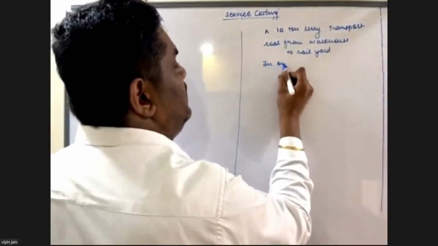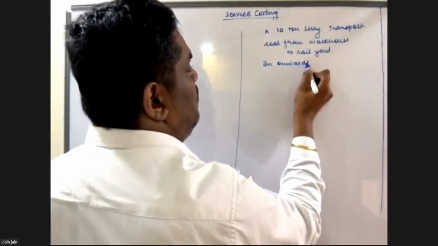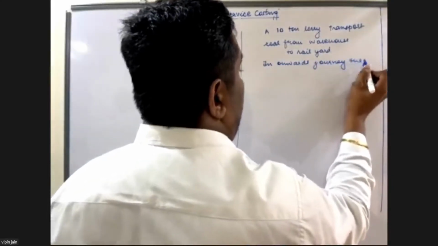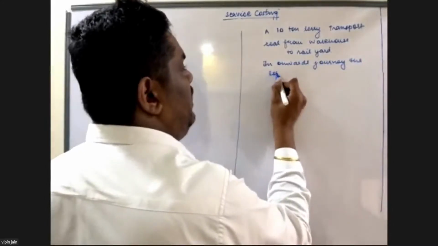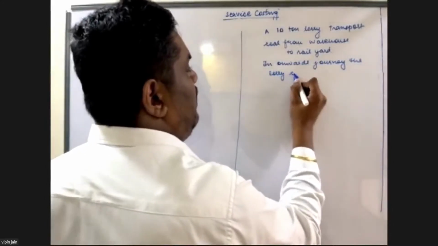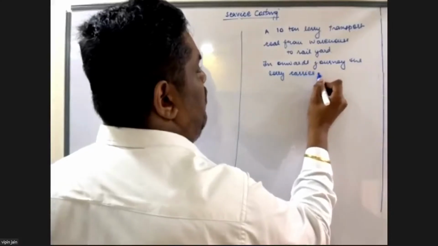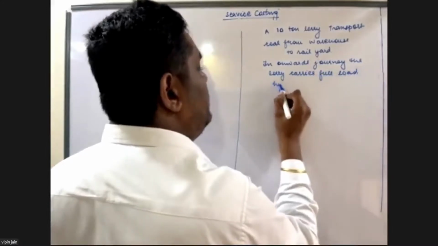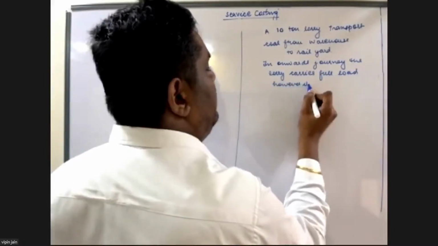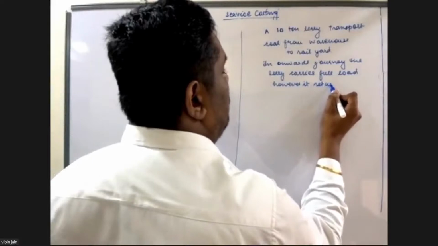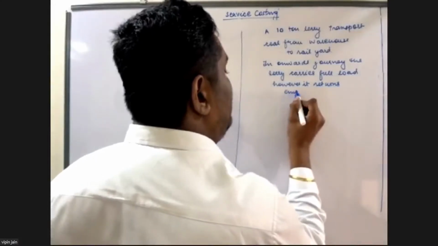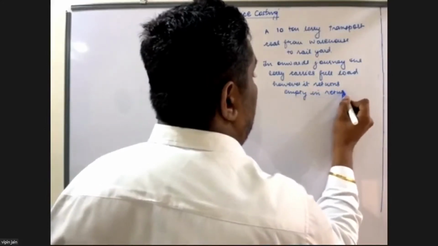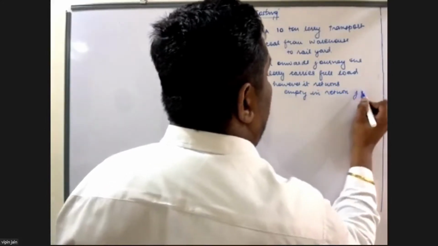In onward journey, the lorry carries full load. However, it returns empty in return journey.